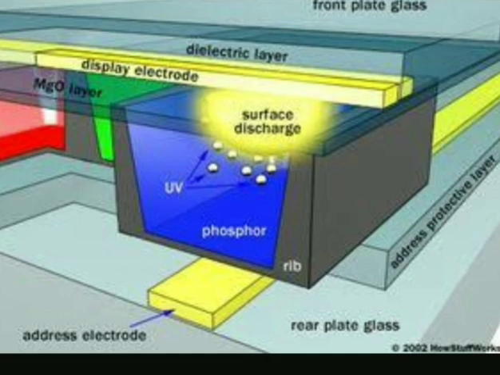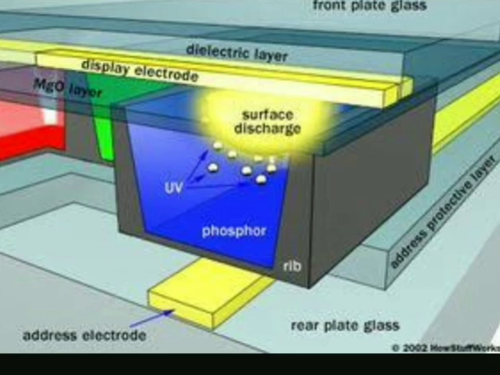Here UV photons are released due to the intersection of the display electrode and address electrodes. The released ultraviolet photons interact with phosphor material coated on the inside wall of the cell. This is the inside wall of the cell, the blue colored wall. Phosphors are substances that give off light when they are exposed to other light.